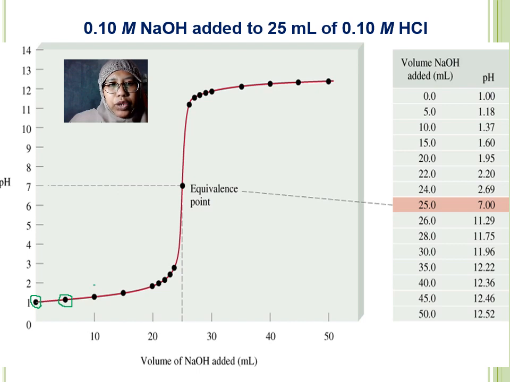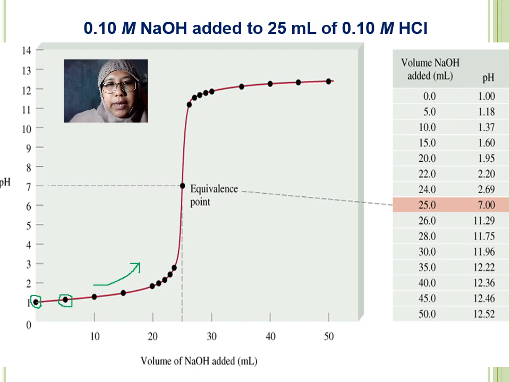The pH keeps getting higher and higher along the curve, going up to the equivalence point at 7. Here, the sodium hydroxide added is 25 ml, as much as the quantity of HCl in the conical flask.